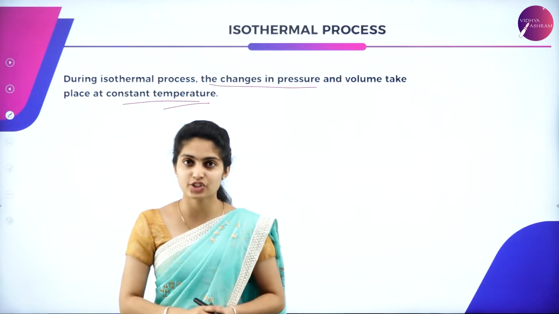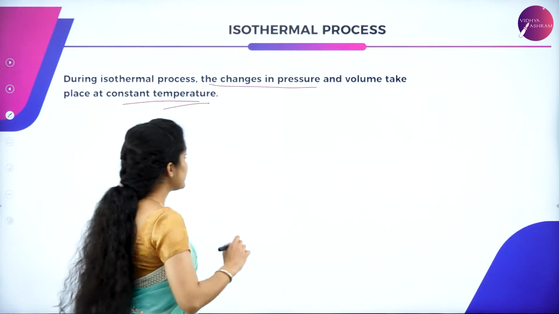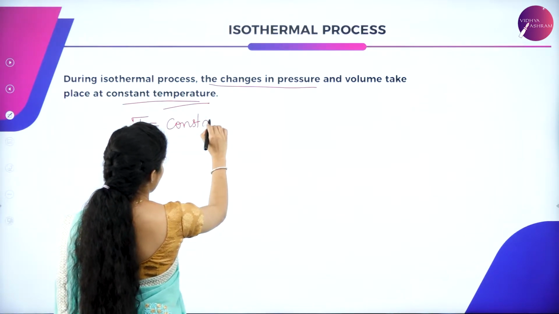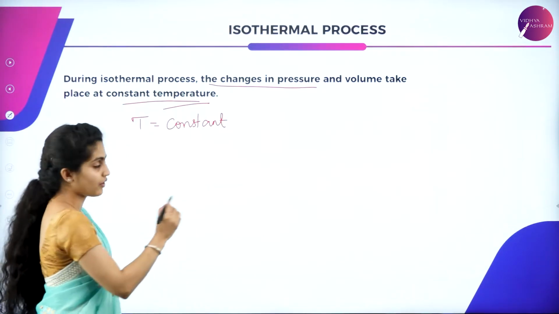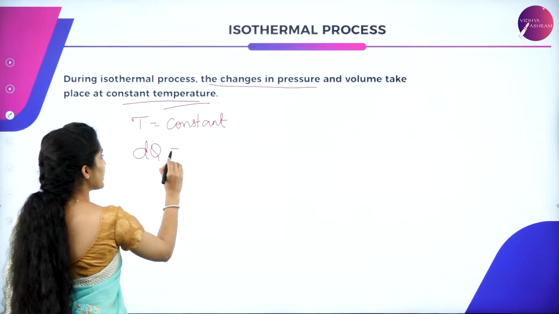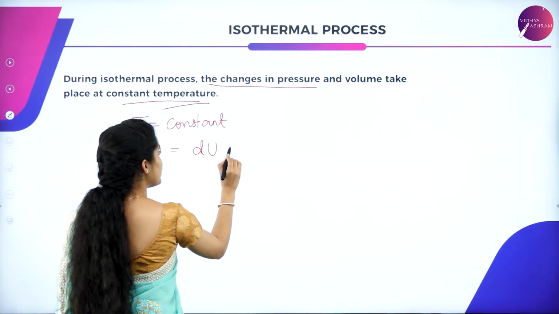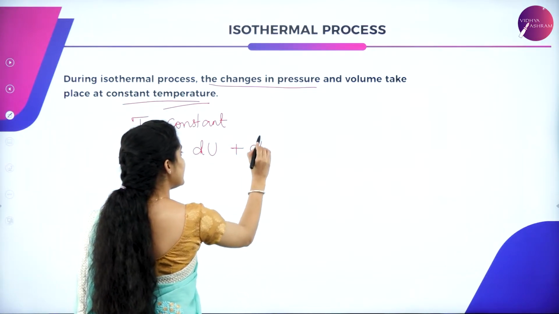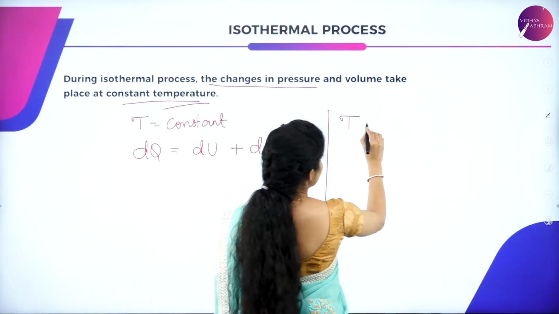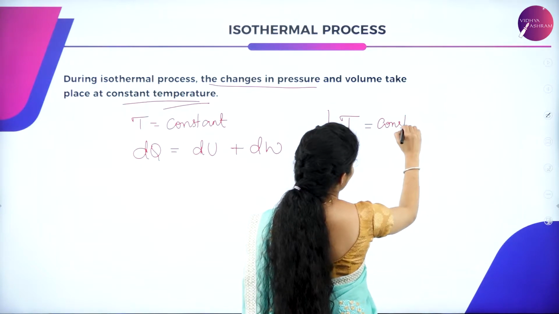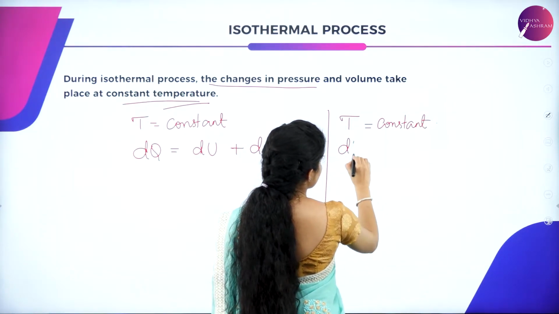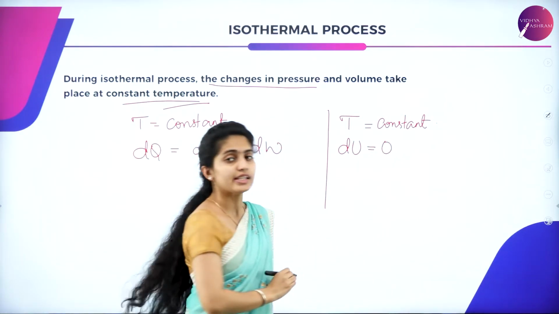When the temperature is constant, you can consider T as constant. According to the first law of thermodynamics, we have dq is equal to du plus dw, where if T is constant, then du, that is the change in internal energy, is 0.